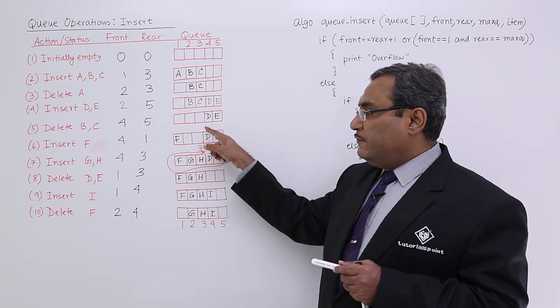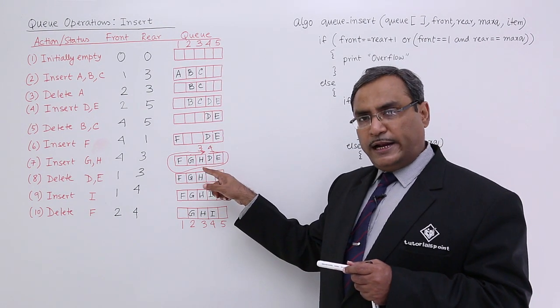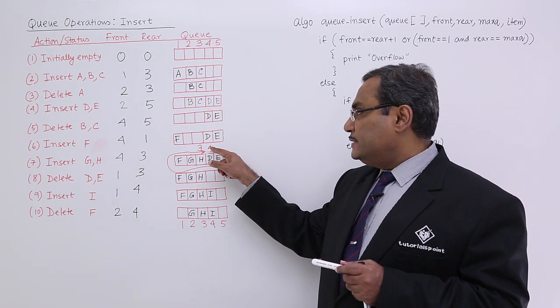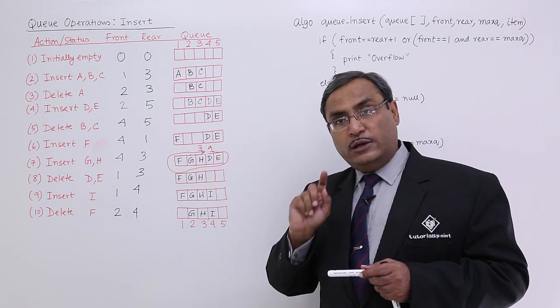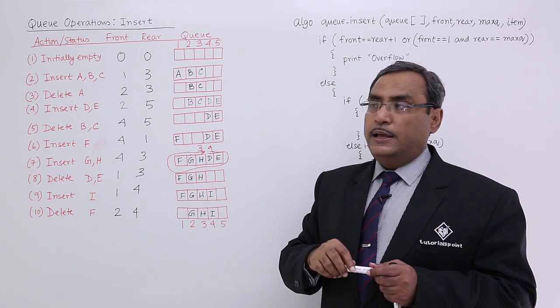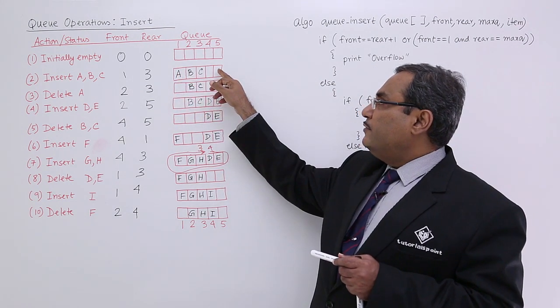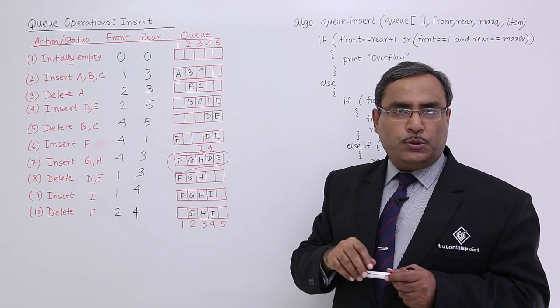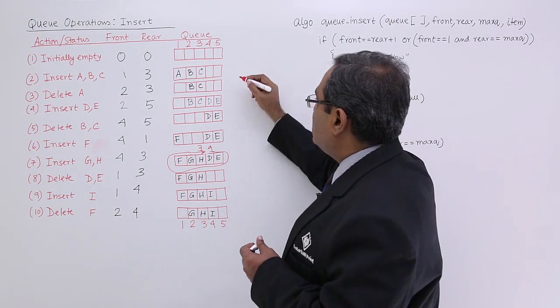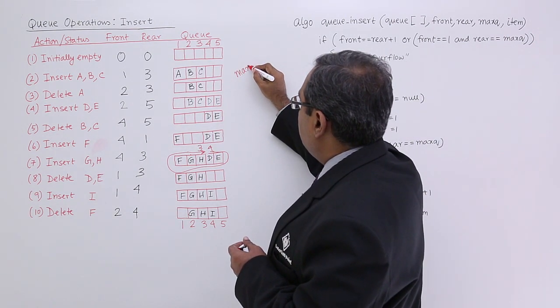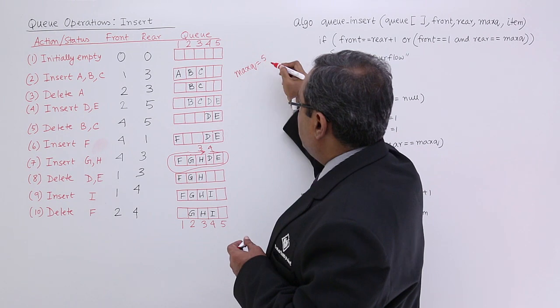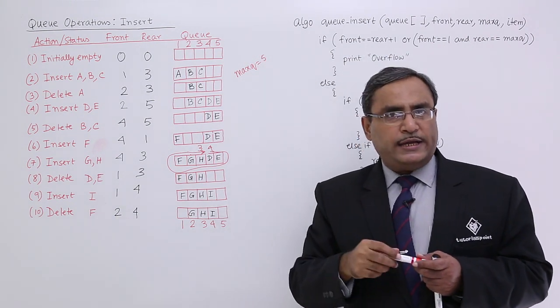I discussed each and everything in my previous video; please watch that one. So here, front is equal to rear plus 1, then the queue is completely filled up. In another case, say front is equal to 1 and rear is equal to 5, where 5 is the max queue, that is the queue size.